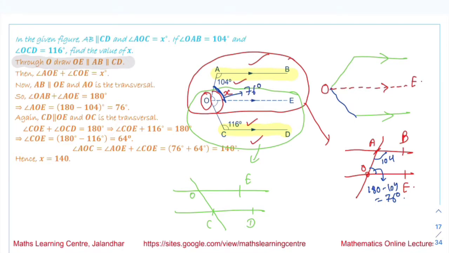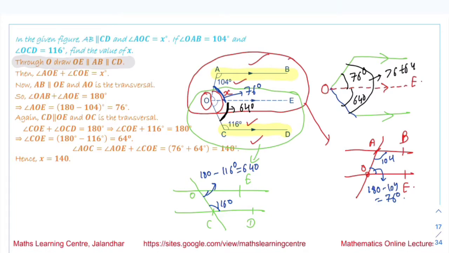Similarly, from the second figure, this angle is 116 degrees, so this angle will be 180 minus 116, which is equal to 64 degrees. So the sum of both these angles: this angle is 76 degrees, this angle is 64 degrees. So the whole angle will be 76 plus 64, that is 140 degrees.